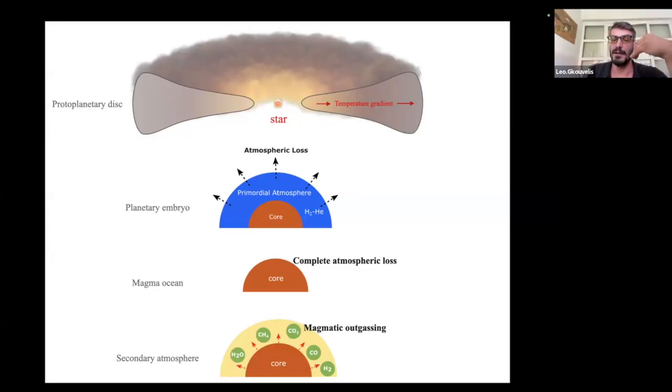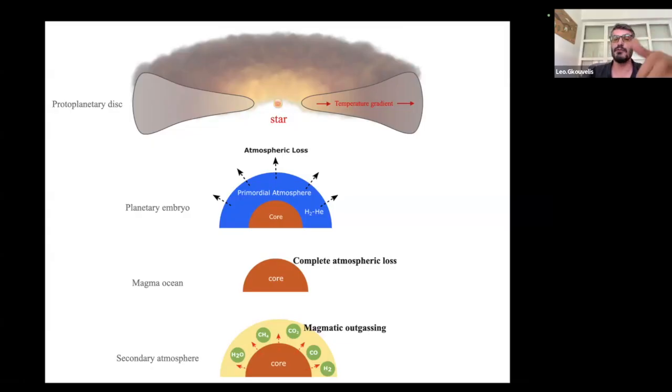It actually comes from what we call magmatic outgassing, which means that this hot magma will evaporate gas surrounding the planet, and even much later, even if we create a crust on the planet, we will still have this outgassing. We see that example, for example, on Earth, right? We have volcanic activity across all of the lifetime of the Earth.